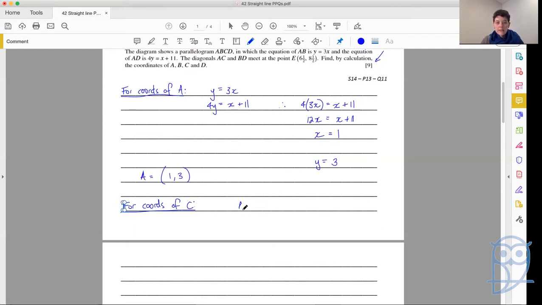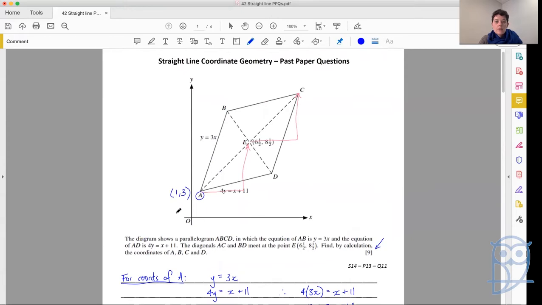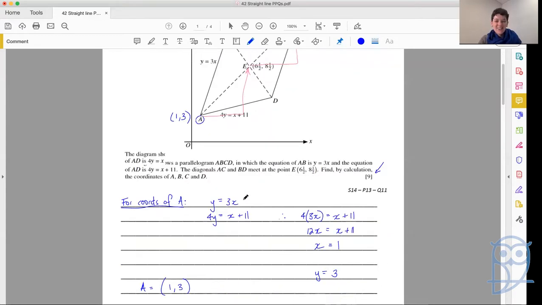We know that the vector step AE is equal to EC. So what is AE? From 1 to 6.5 is 5.5. From 3 to 8.5 is also 5.5.